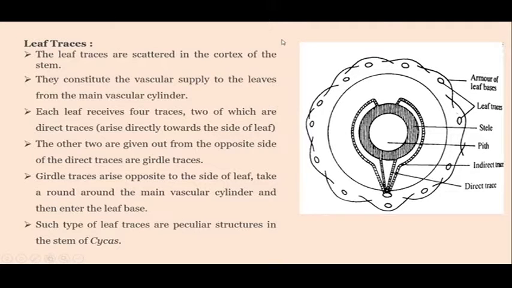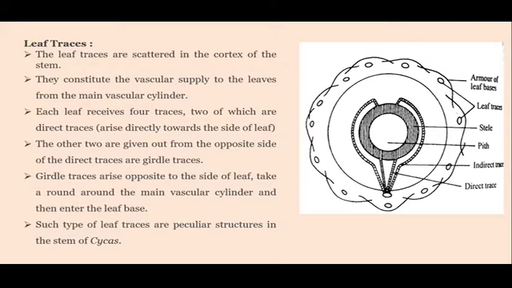Another characteristic feature of the Cycas stem is the presence of different types of leaf traces. These leaf traces are scattered in the cortex of the stem. The leaf traces constitute the vascular supply to the leaves from the main vascular cylinder.